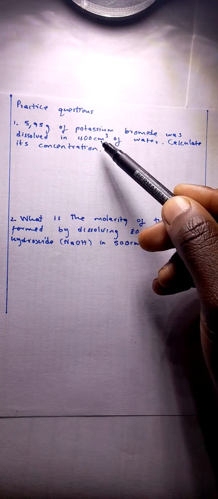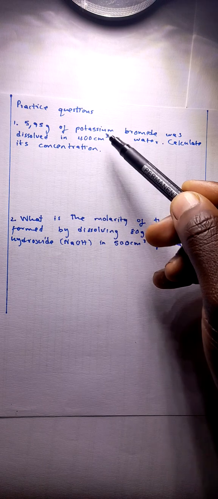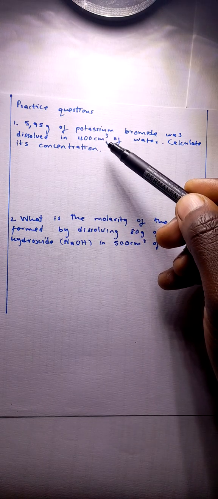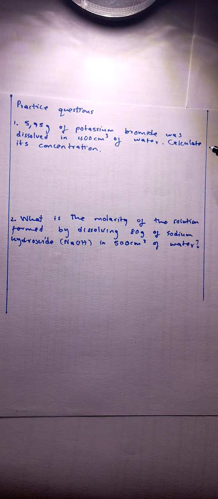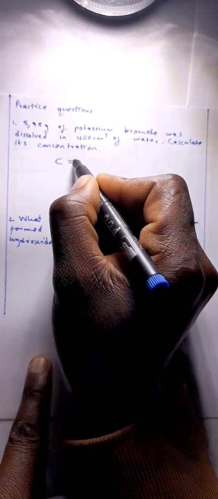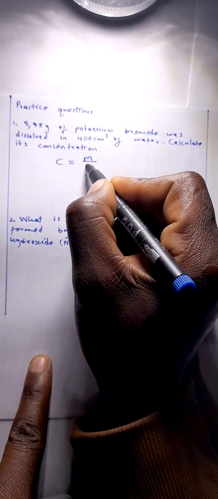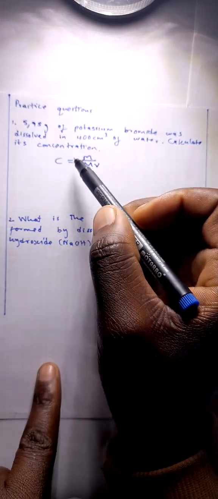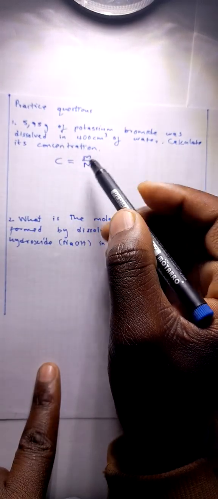You can see it's in cubic centimeter. When you convert that, you divide by 1,000 to take it to cubic decimeter of water. Calculate its concentration. All right, so C is equal to mass over molar mass times volume, because the data that is given here suits this formula very well.